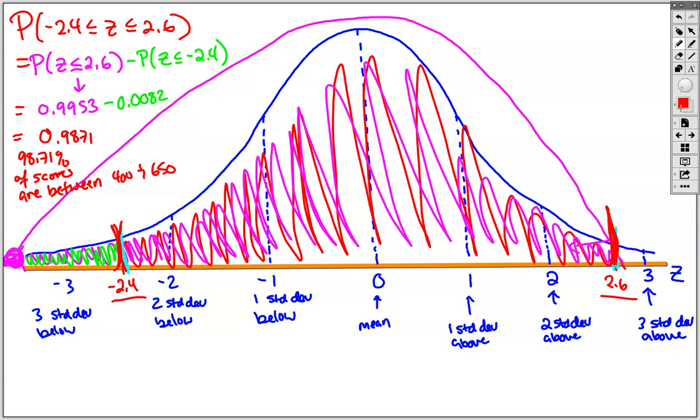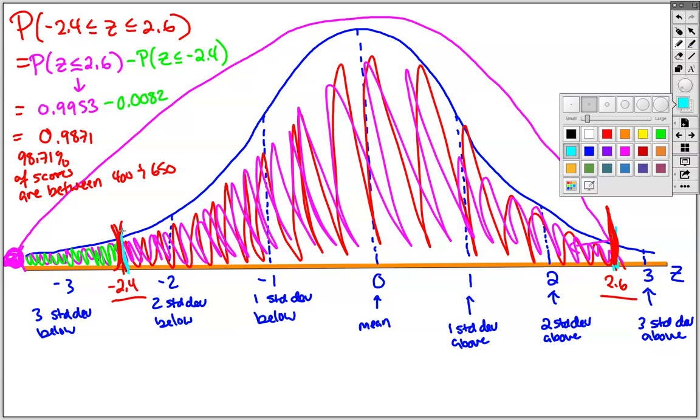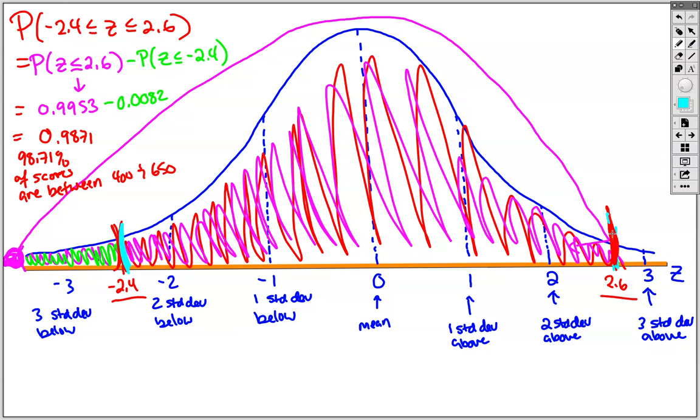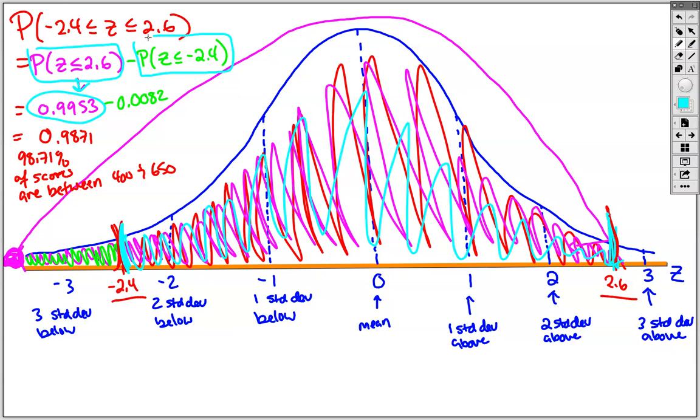That left us with the area in the middle that we wanted. So I said, okay, the area to the left of 2.6, I looked on my chart and I found it was this, and then I wanted the area to the left of negative 2.4 to subtract from it, and I found that it was this. I did the subtraction and I got my answer.